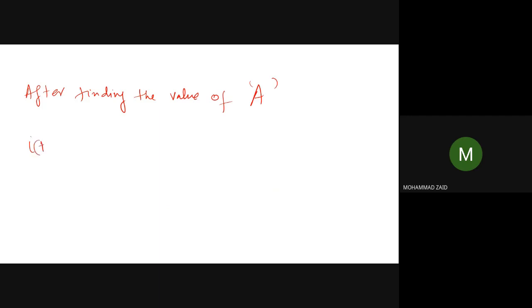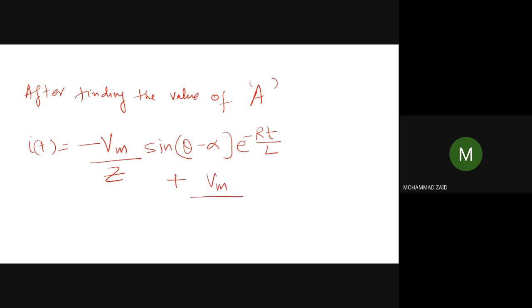So i(t) will become minus Vm by Z sine of theta minus alpha times e to the power minus Rt by L, plus Vm by Z sine of omega t plus theta minus alpha.